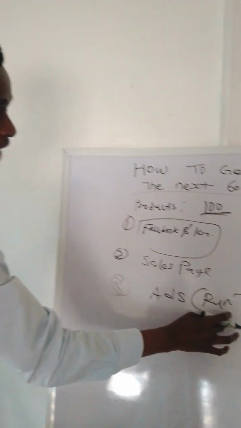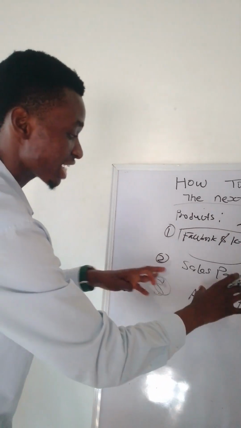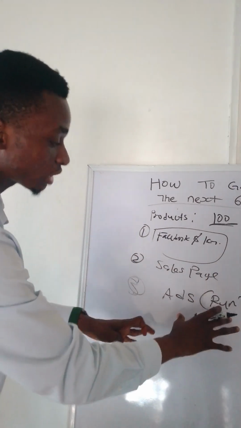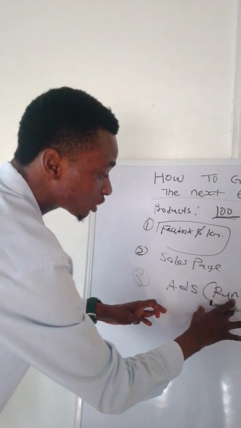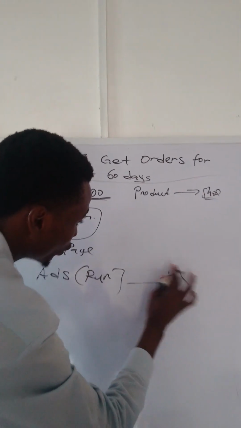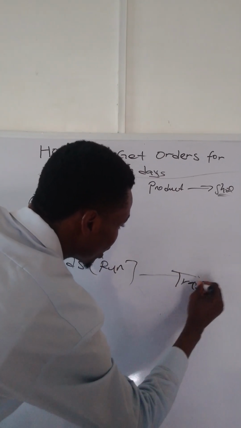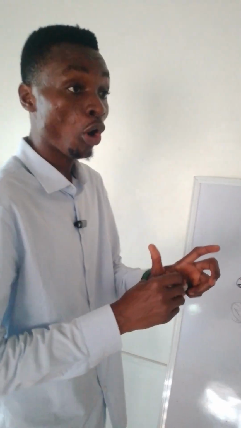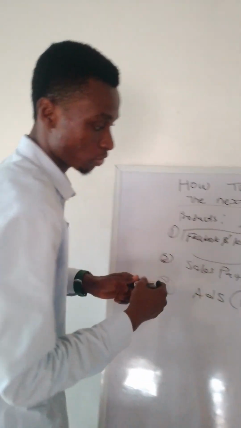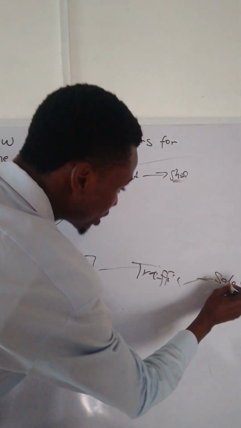Yes, run adverts. So now you have your Facebook handles, right? You design a sales page and then you run adverts for it. Now this advert will pull traffic. I told you that traffic and sales work together, because traffic equals sales.